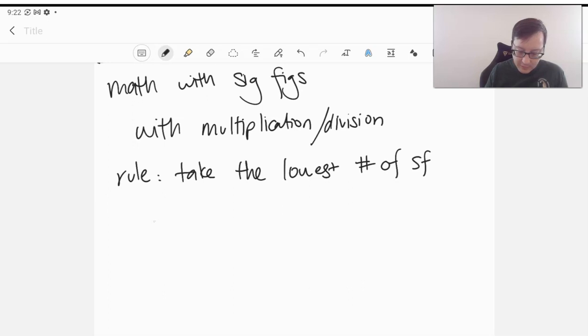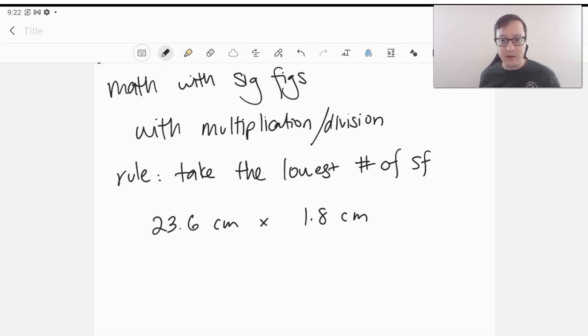So if we take, for example, maybe we're doing an area problem, 23.6 cm times 1.8 cm. I don't know, this is a very narrow strip of something. Maybe it's a ruler we're actually measuring. If we do this, numerically speaking, we get 23.6 times 1.8, we get 42.48.